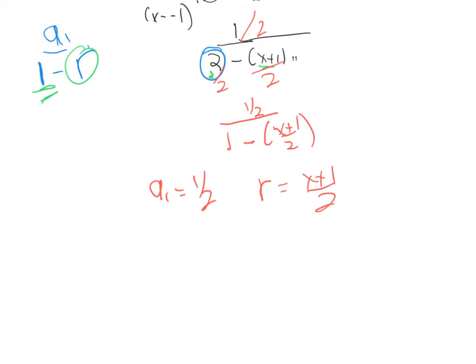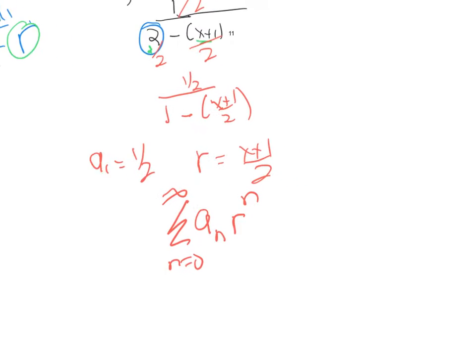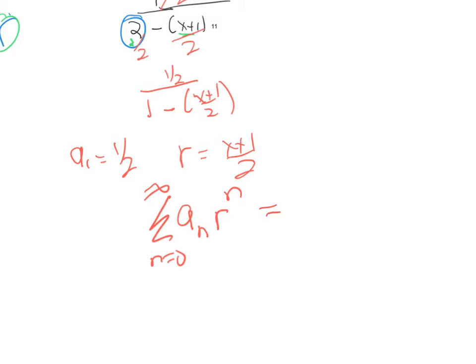And every power series, n is 0 to infinity, must be my a sub n times my r to the n. So you see where I'm going?